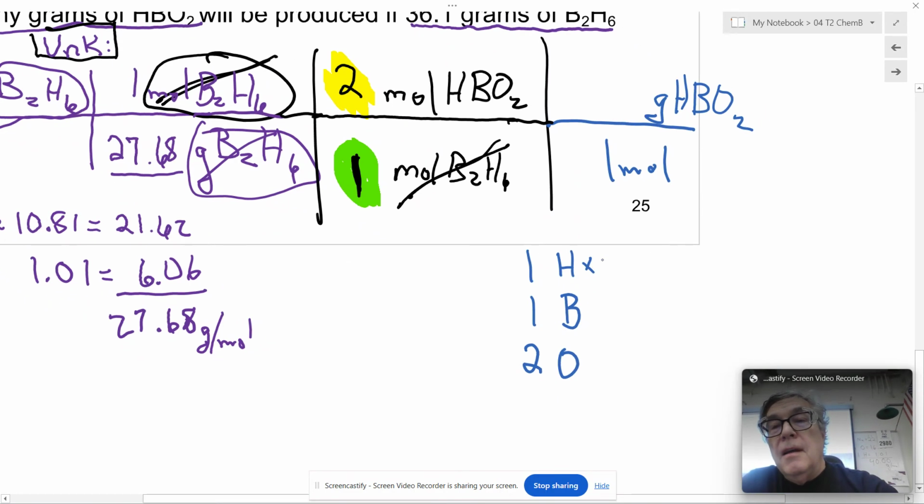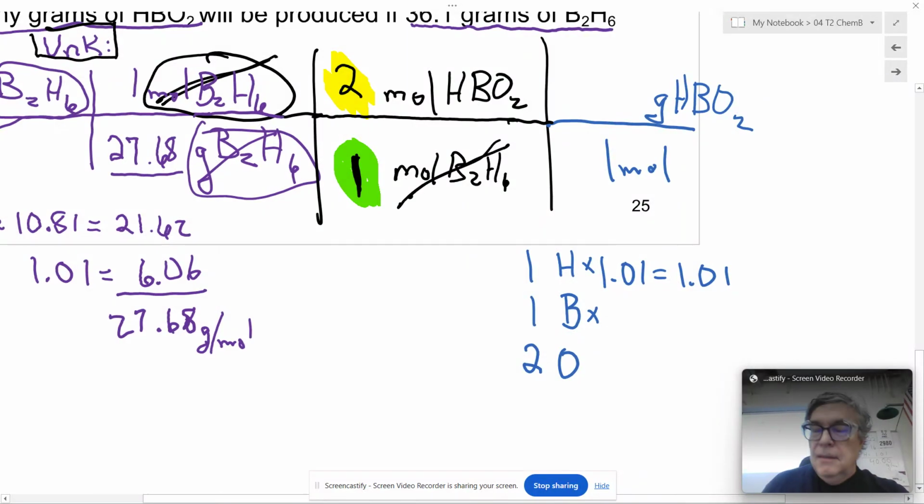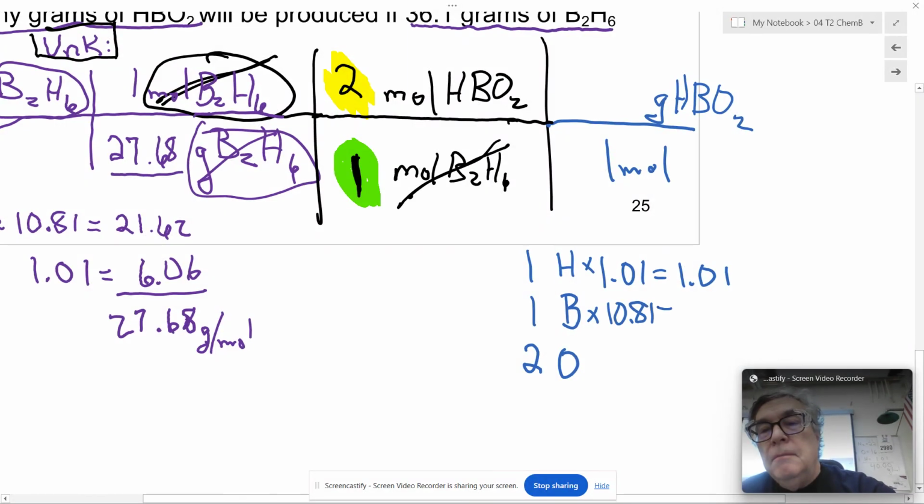So that's 1 times hydrogen is 1.01. Boron is 10 point, I'm looking it up again to make sure I don't get it wrong, 10.81. You will always have a periodic table when you're doing these.